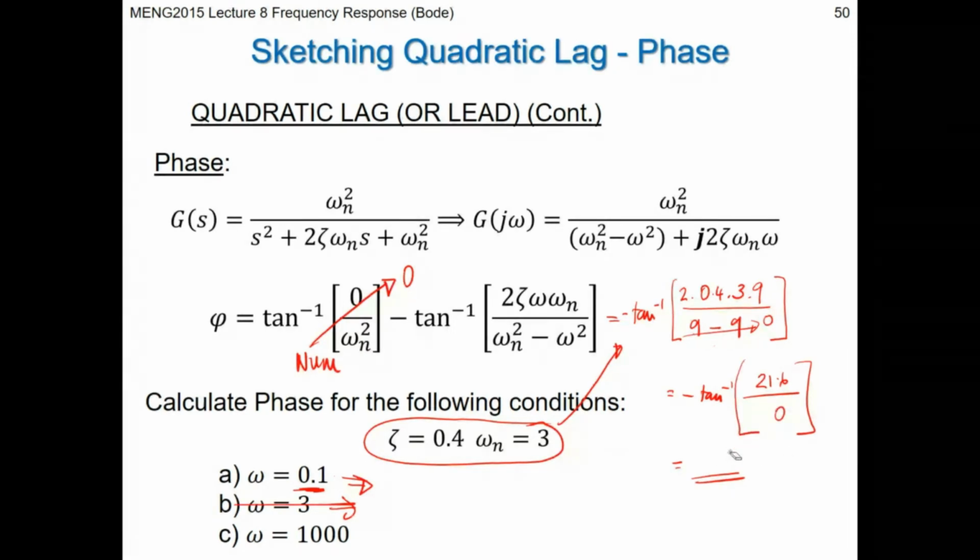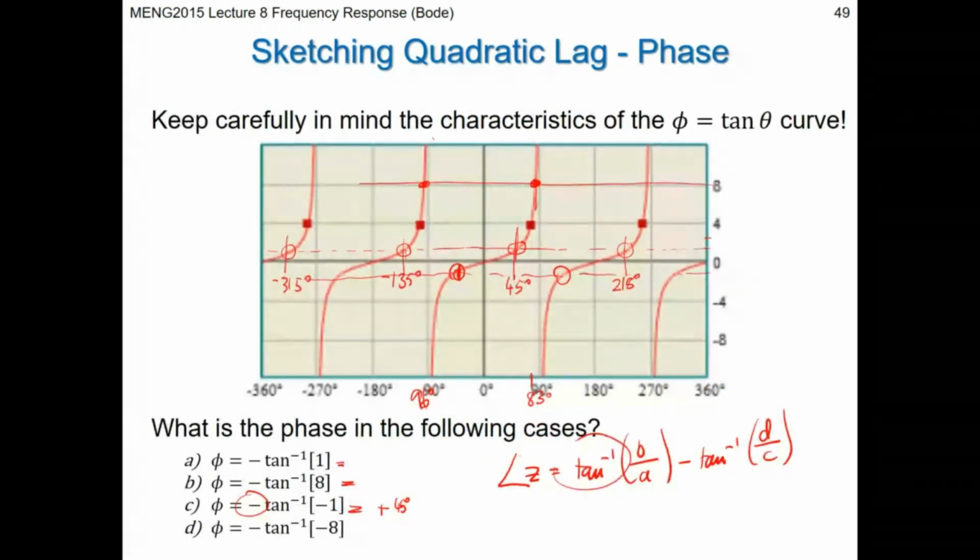So now that's giving us an infinite value, we're taking the inverse tan of an infinite value. But the nice property about tangent curves, as we just looked at on the previous slide, is that you can actually have a value for an infinite input, right?